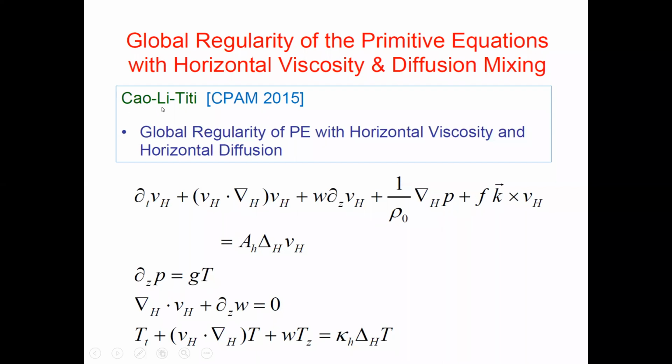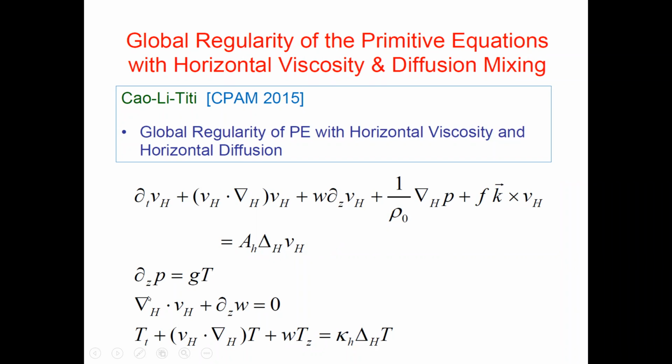And again with Jinkai Li, we proved global regularity of the primitive equations with only horizontal viscosity. We don't need the vertical viscosity anymore, and with horizontal diffusion. So in this system there is no vertical viscosity. As I told you, the vertical viscosity is smaller than the horizontal one. So what happens if we drop it completely?